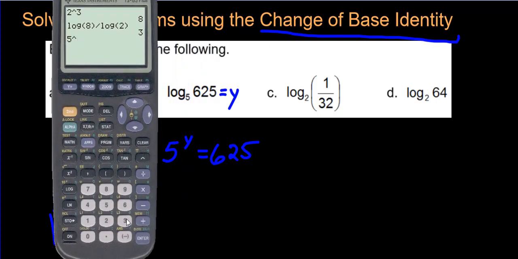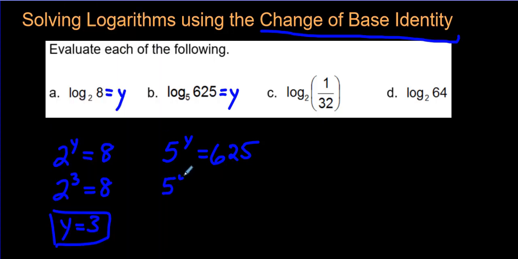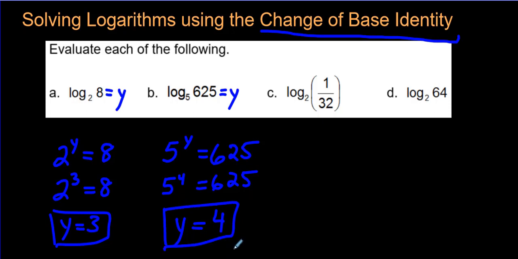If you went 5 exponent 3, that's 125. We're not quite there yet. So 5 exponent 4, let's try that. There it is, 625. So 5 exponent 4 is equal to 625. And therefore, we now know that y, boy, y's and 4's look a lot alike, but I'll try to make it look different. There we go. We know that y is equal to 4 here. Okay, and we've just solved it.